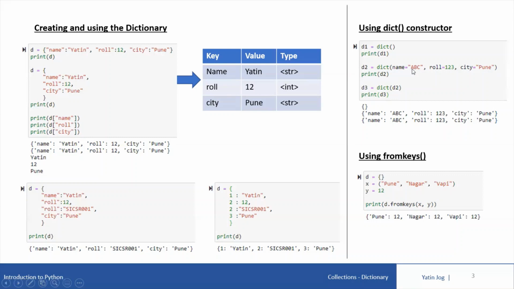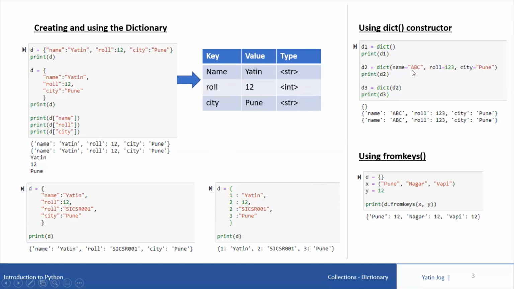There is a slight difference in the syntax if you look at this carefully. Whenever we use the simple syntax to create a dictionary object, we have to mention the key colon value, and the keys have to be of type string, tuple, integer, or any immutable data type.